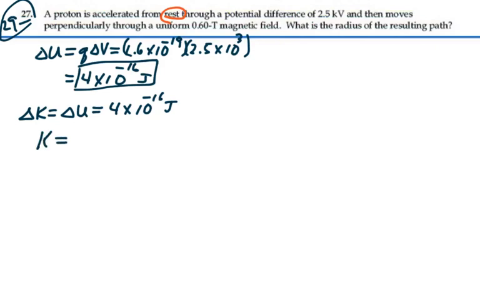Our final kinetic energy is 1/2 mass times the velocity squared, so the velocity of this proton will be equal to the square root of 2 times the kinetic energy divided by the mass.